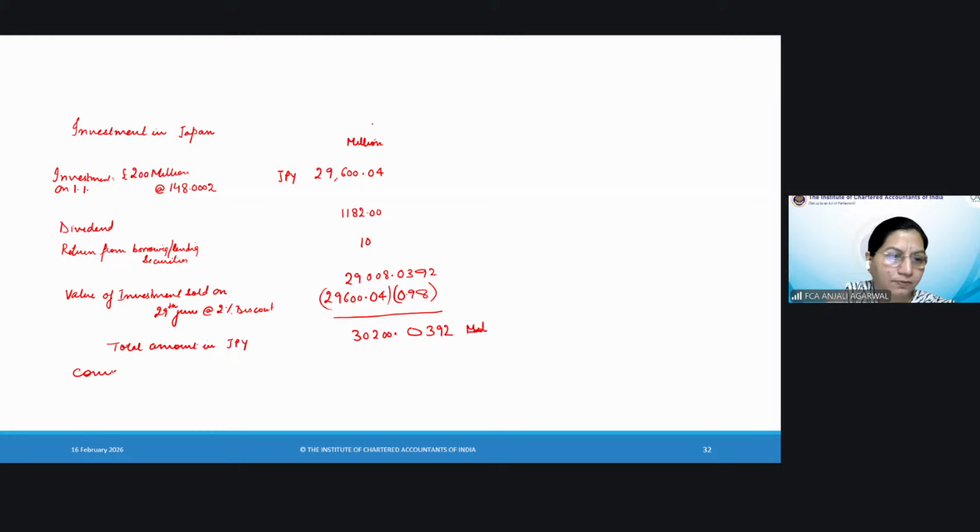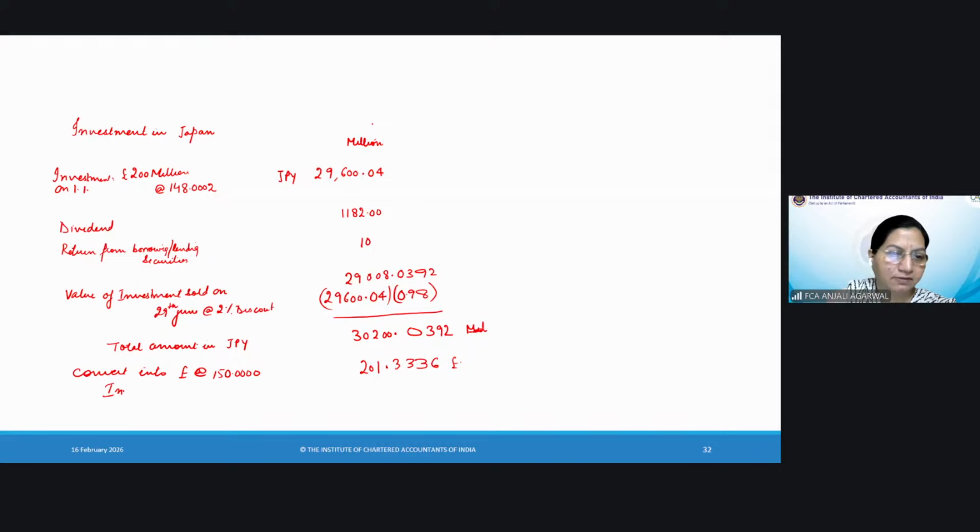Convert it into pounds at exchange rate of 150.0000. So this divide by 150 is equivalent to 201.3336. It's 59, so I rounded off 3336 pounds.